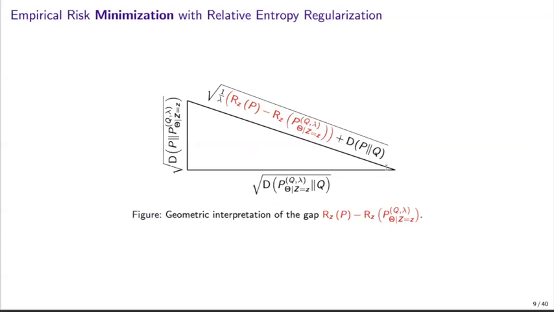Okay, we know that if we put another measure, for instance, the optimal measure here, the relative entropy from P to that optimal and the relative entropy from the optimal to Q is not equal to the pseudo distance from P to Q, right?